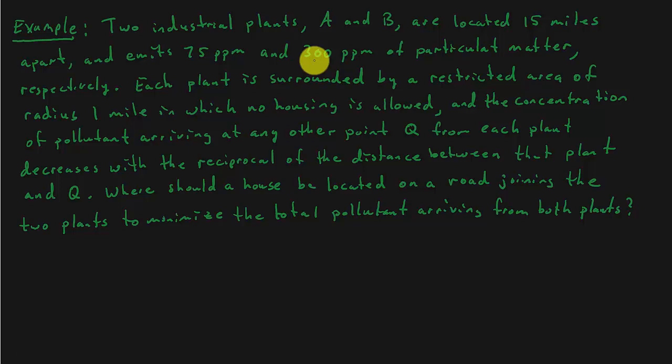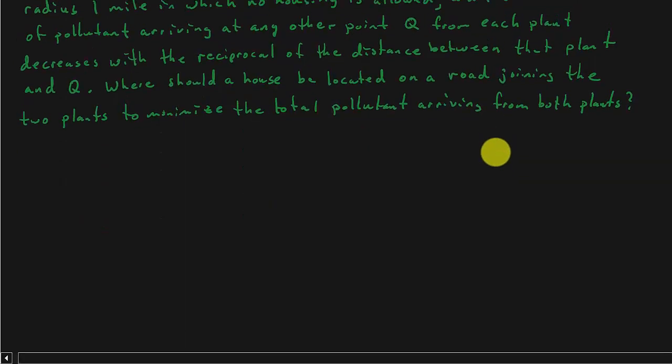And the concentration of pollutant arriving at any other point Q from each plant decreases with the reciprocal of the distance between the plant and Q. Where should a house be located on a road joining the 2 plants to minimize the total pollutant arriving from both plants? All right, so it's probably helpful to make a little sketch here.